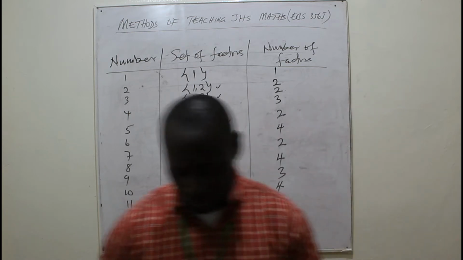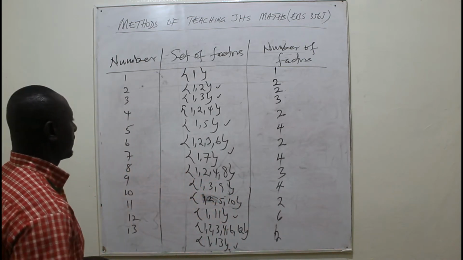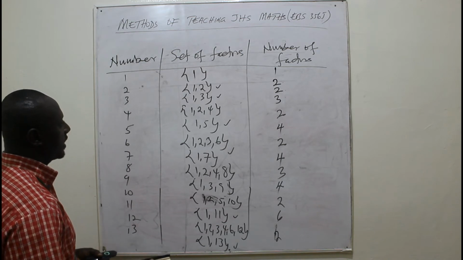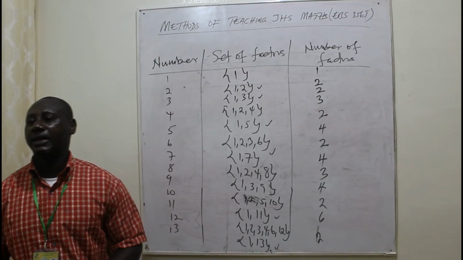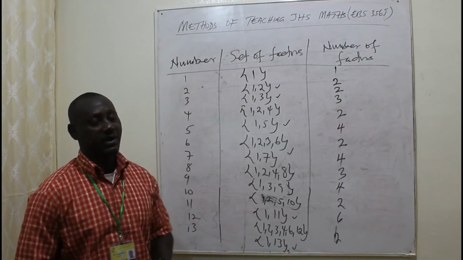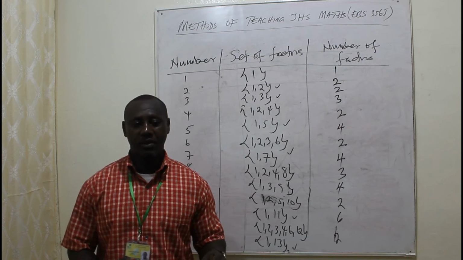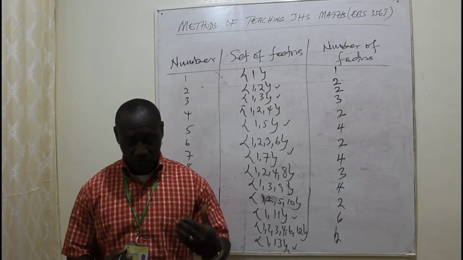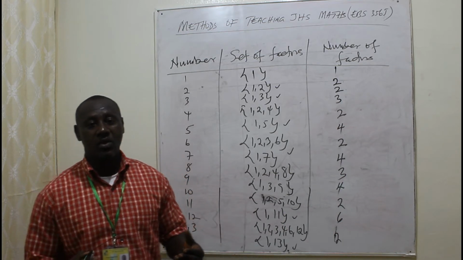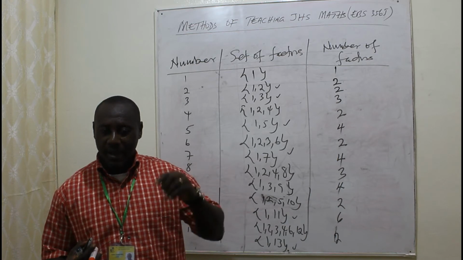Now we can also use this to teach them what we call proper factors of a number. When we talk about a proper factor, we are talking about the factors of a number without considering the number itself. So whenever we talk about the proper factors of a number, we list the factors of the number without the number itself included.